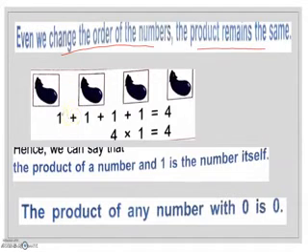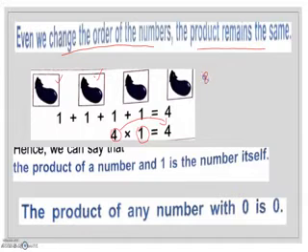Now we will see the next property. Here we can see 4 brinjals, 1 plus 1 plus 1 plus 1. 4 boxes are there. 4 times 1 is repeated. So 4 into 1 is equal to 4. So we can see that if we multiply any number with 1, you will get that number itself as the answer.